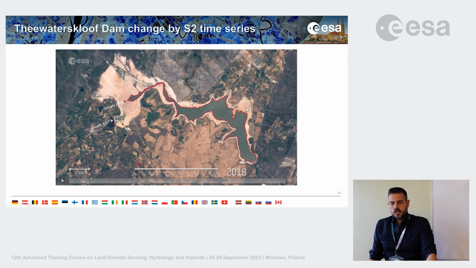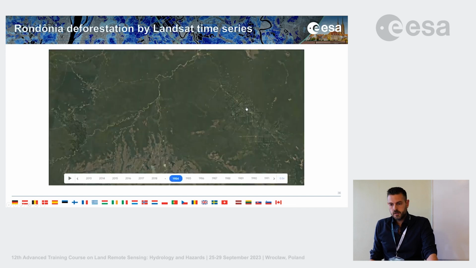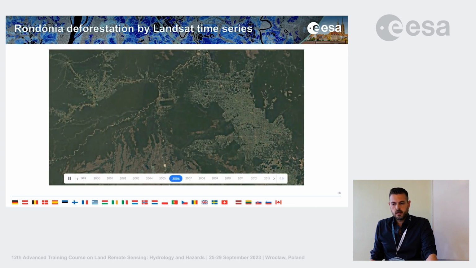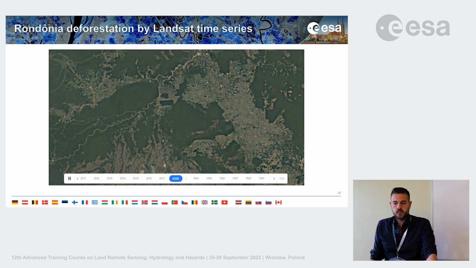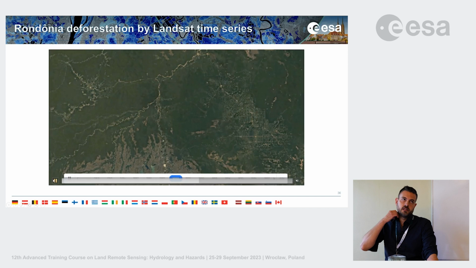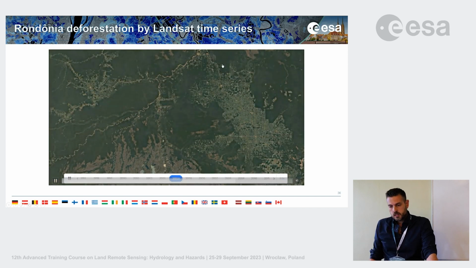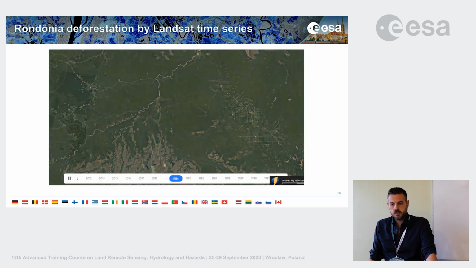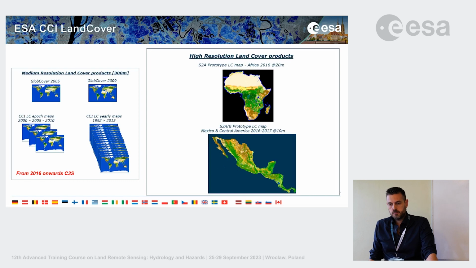We even produced some high-resolution land cover maps over Africa and Mexico and Central America using Sentinel-2. The African one is at 20 meters and is a prototype because it wasn't validated. The second one was a cooperation with the Mexican Space Agency, and we produced the map over that area for 2016 and 2017 at 10-meter resolution, and this map has been validated by our colleagues in Mexico.